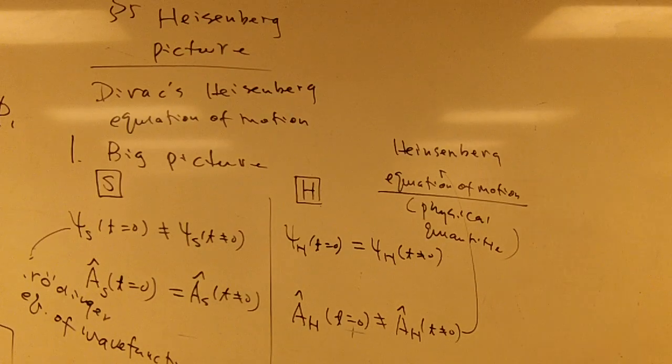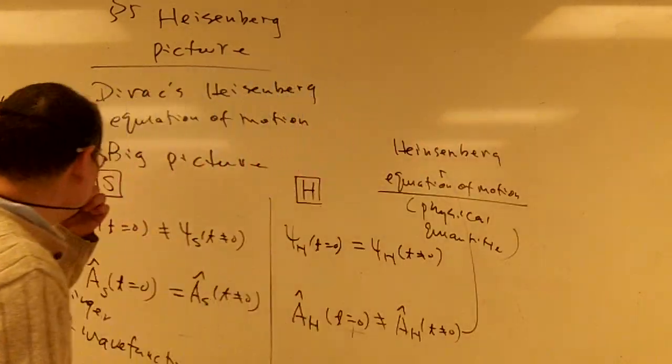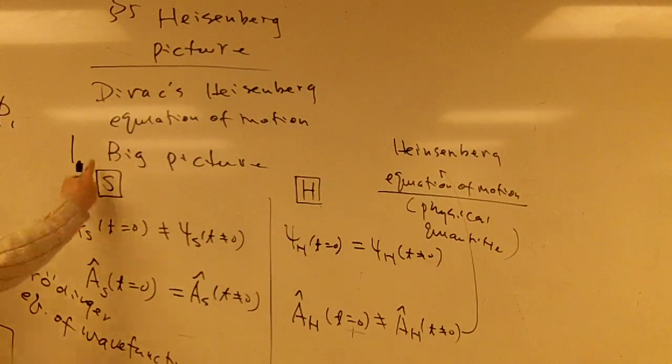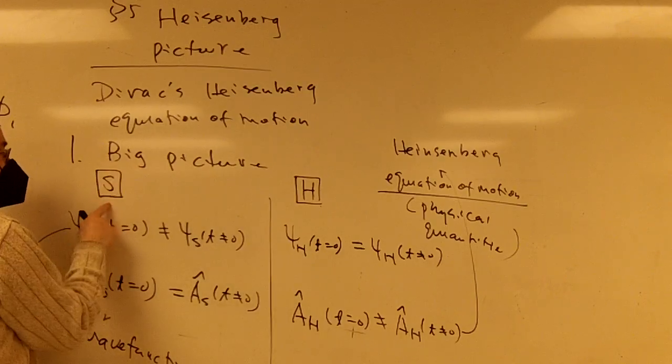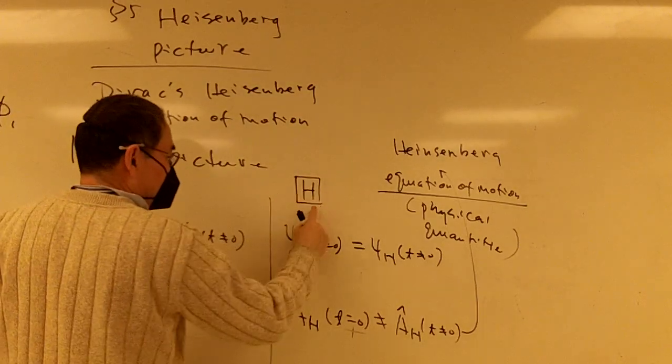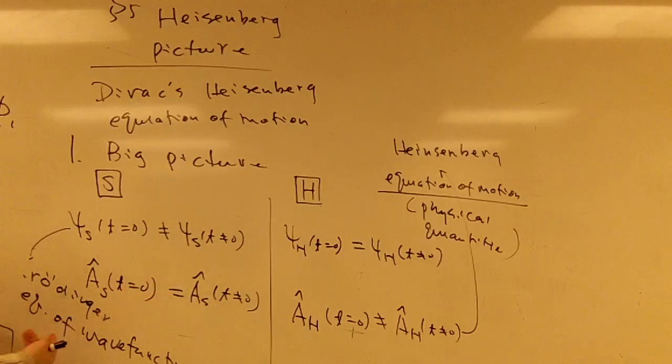So this is the one which we stopped last time. Again, Schrodinger picture, we use S. Heisenberg picture, we use H. And these are how the wave functions all relate to each other.